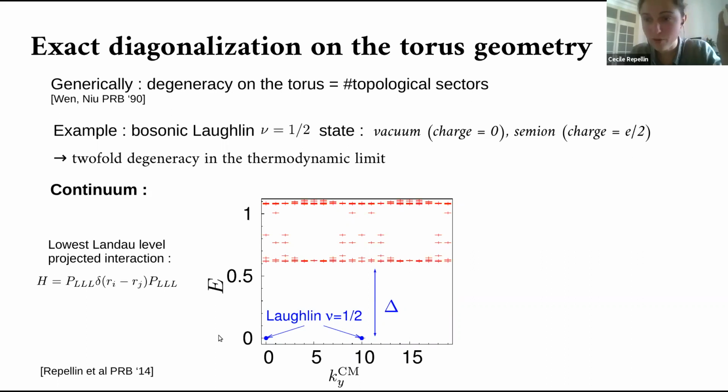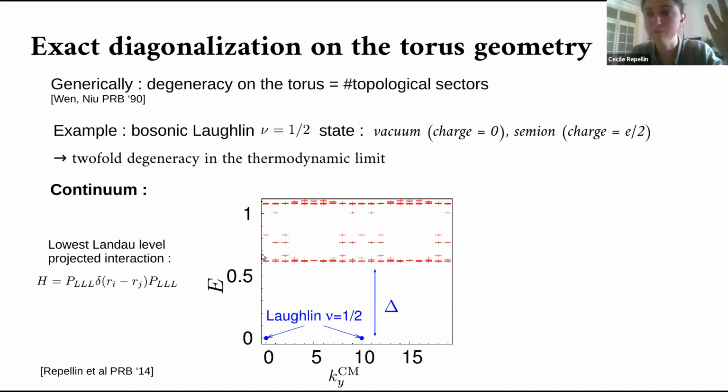And I've mentioned before that you want to use all the symmetries in your system when you're doing exact diagonalization so that you're block diagonalizing blocks that are as small as possible. Here, the symmetry that I'm using is the translation, the center of mass translation along one direction of the torus.